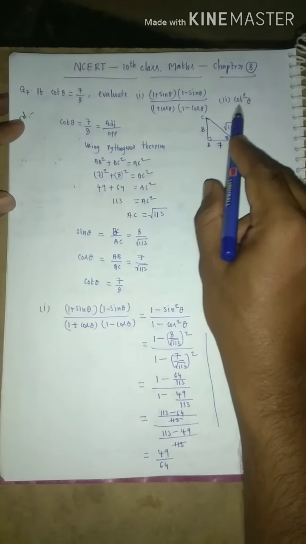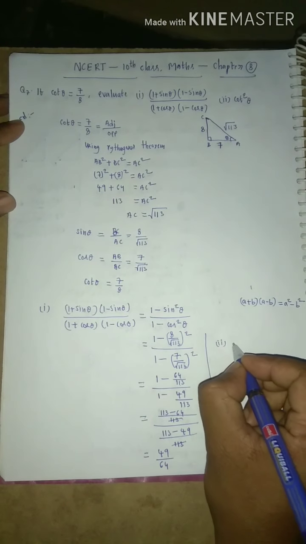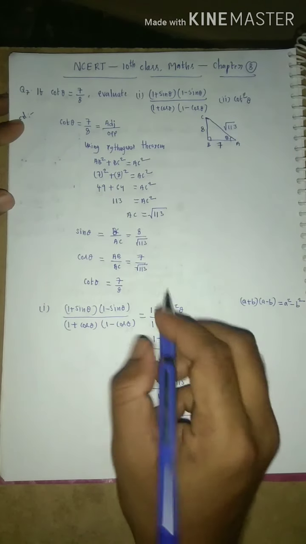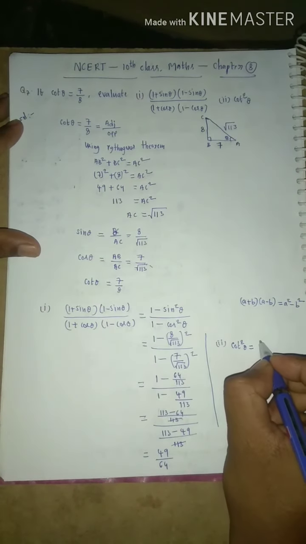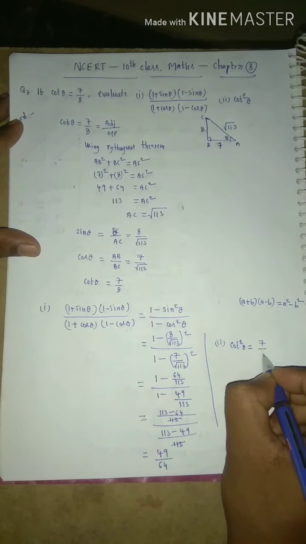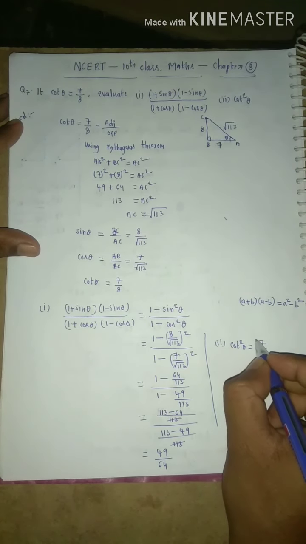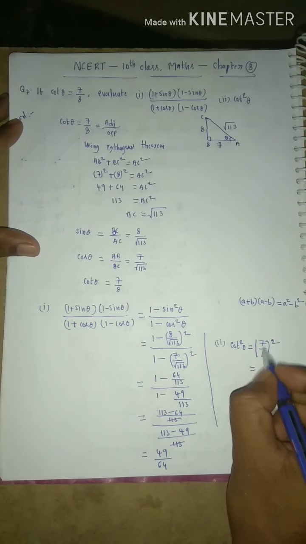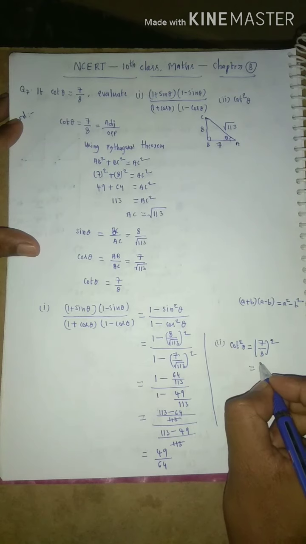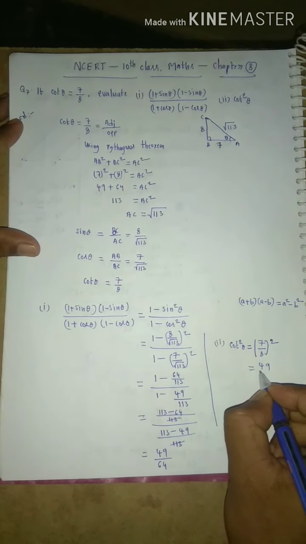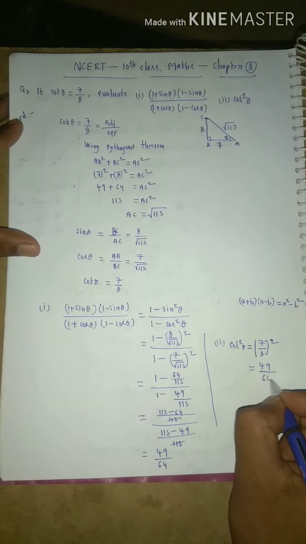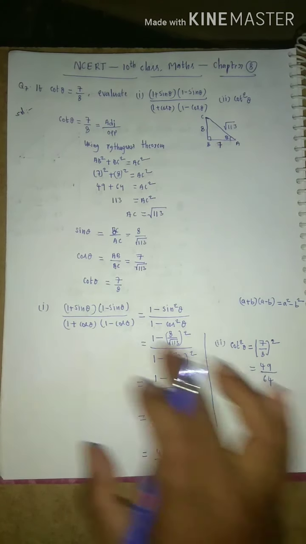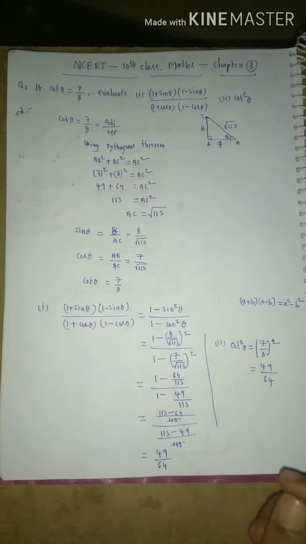Second one, cot square theta. Cot value is 7 upon 8, whole square. Squaring numerator and denominator, 7 square is 49, 8 square is 64. These two resulting values are equal. Therefore, these two terms are also equal.